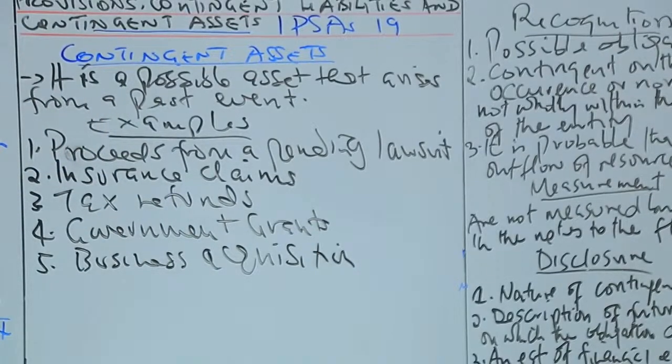So these are examples of contingent assets: proceeds from a pending lawsuit, insurance claims, tax refunds, government grants, and also a contingent consideration from a business acquisition.